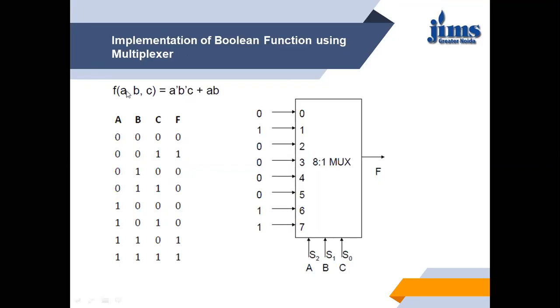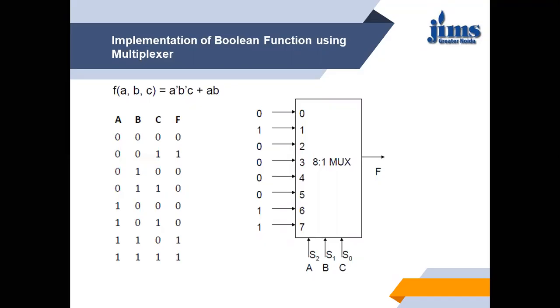Now we have 3 select lines, and the select lines are connected to A, B, C as the input equals select line. So this is how a Boolean function can be implemented using a mux when the number of input variables and the select lines are equal.